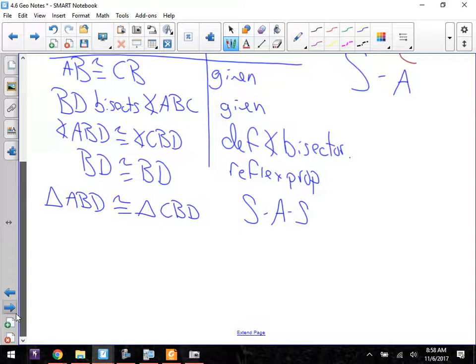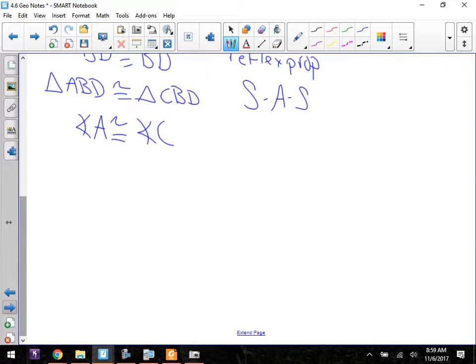So what we can do now is say that angle A is congruent to angle C. Now you can say it, because once you have triangles that are congruent, you can say what's called all the, and this is our new thing for today, corresponding parts of congruent triangles.